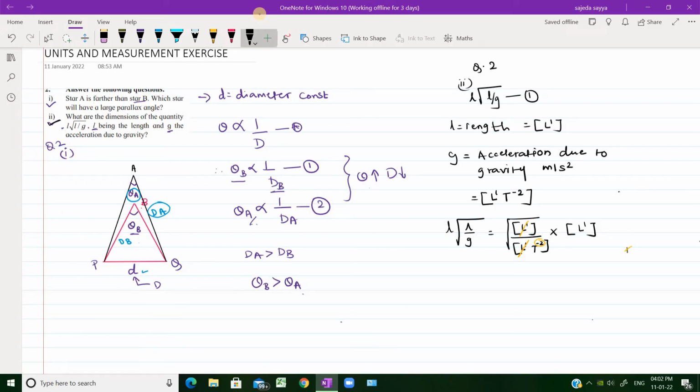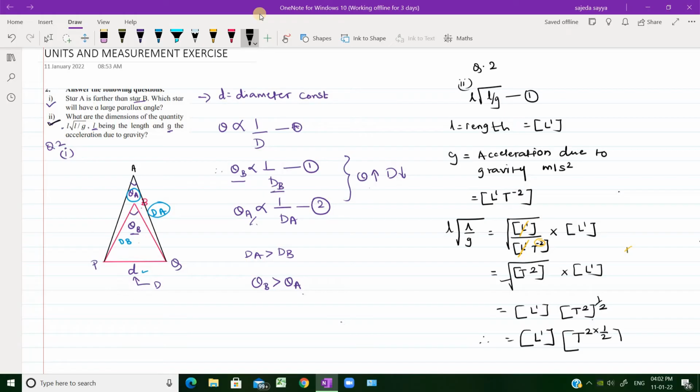Therefore, this will be T raised to 2 into L raised to 1. Therefore, it will be L raised to 1 into T raised to 2, all raised to half. For the square root, we can write it as half. On simplifying, we get L raised to 1 T raised to 2 into 1 half.